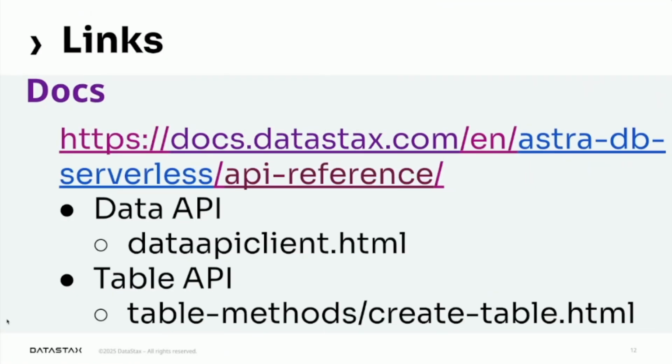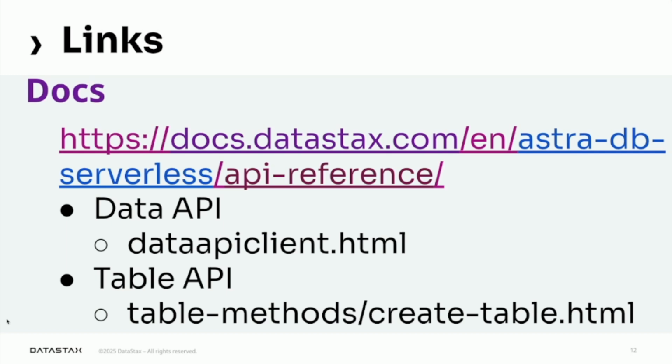Okay, real quick, here are some links you should check out. Specifically, this is a link to our documentation. So docs.datastax.com, EN for English, astra-db-serverless/API-reference. And then underneath that, you can go to Data API Client HTML. That takes you right to the docs for the new Data API. And then within the Data API, we also have the Table API to get you more descriptive references as to how to use some of these structures that I've just showed you today.